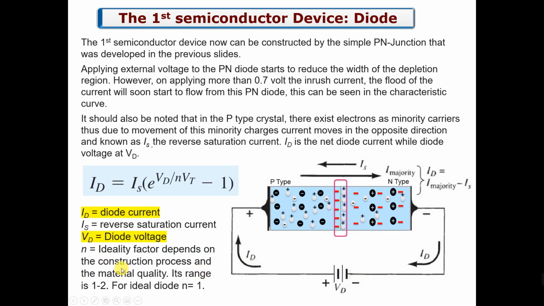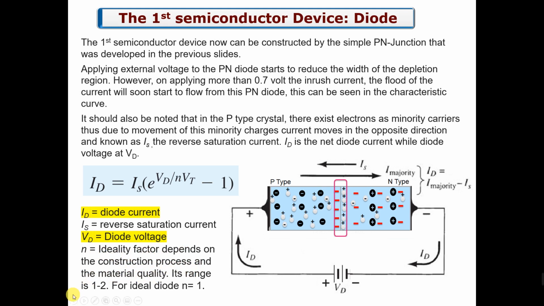n is the material constant, the process constant of the p-n junction, known as the ideality factor. It depends on the construction process, meaning the manufacturing process, and the material quality. For example, the material can be germanium, silicon, or others.